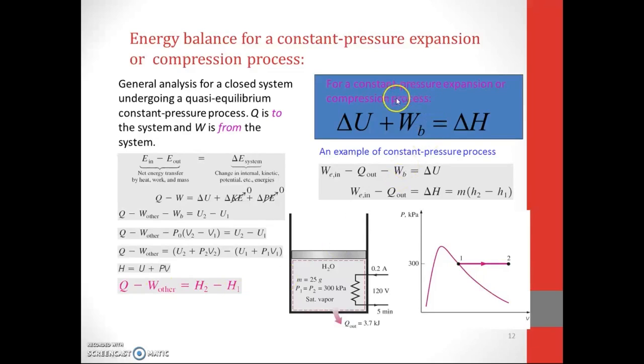This is just to show that for a constant pressure expansion or compression process, work of boundary equals delta H here, H2 minus H1. U plus PV, right? Delta U, work of boundary equals delta H, H2 minus H1, minus delta U, U2 minus U1.